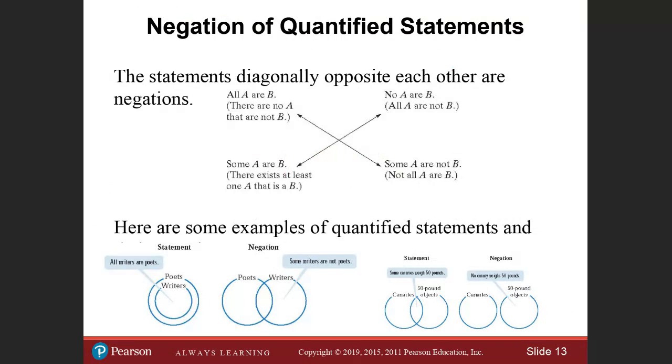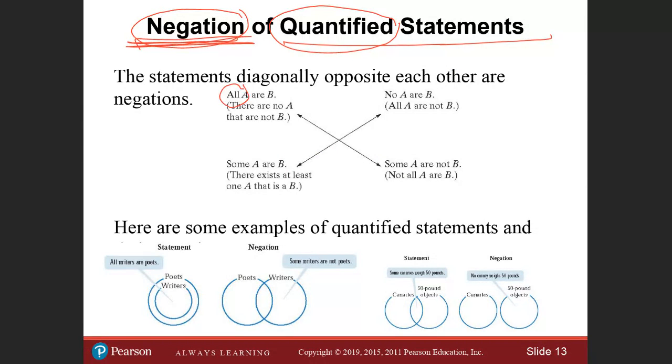Okay, let's go to negation of quantified statements. Negation means you're taking the opposite. True becomes false, false goes to true. But since you're using quantified statements, when you negate all, it gives you the word some.